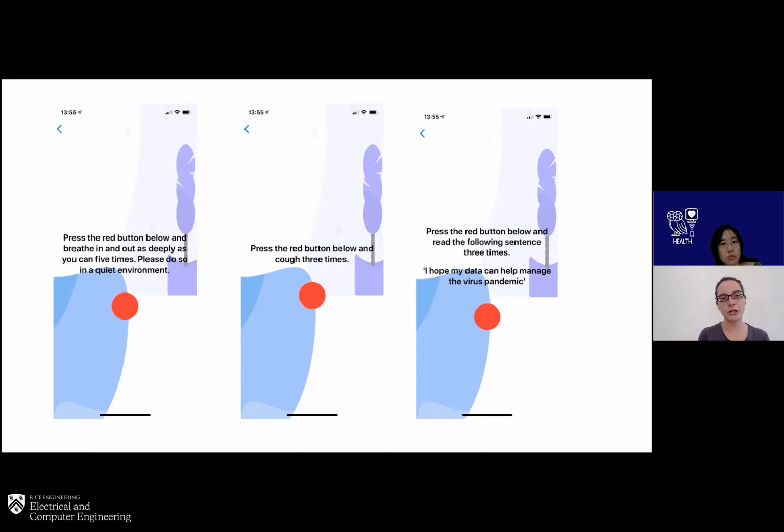It will ask you to record your breathing sounds, and they will be sent to our service. It will collect the coughs 3 times, and it will collect your voice while you're reading the text on the screen. And the sentence on the screen is, "I hope my data can help manage the virus pandemic," which I'll go to a bit later.